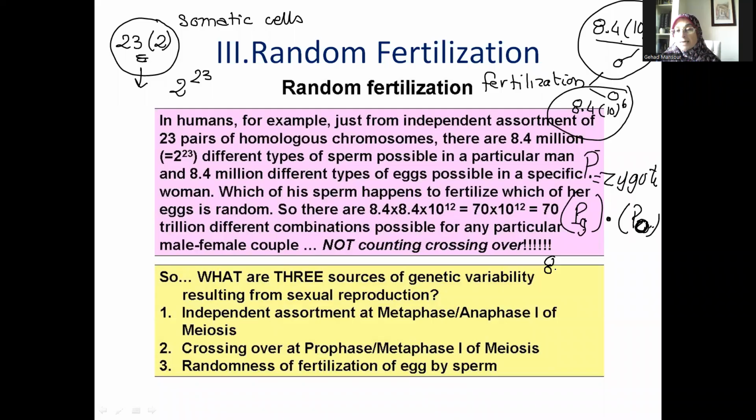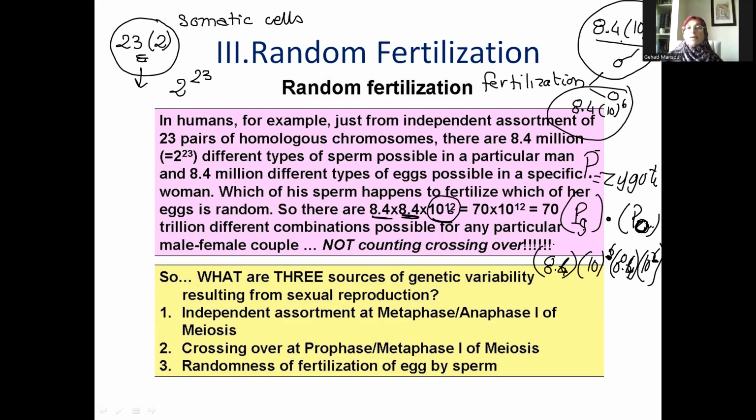So it is 8.4 multiplied by 10 to the power 6 multiplied by 8.4 multiplied by 10 to the power 6, and this is what's written here. 8.4 multiplied by 8.4 multiplied by 10 to the power 12, which is nothing but 10 to the power 6 multiplied by 10 to the power 6.